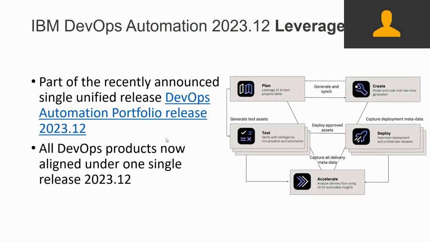The other one is the creation of assets, so it can be model or code. Third one is the test. That is the purpose of our presentation. And after those assets have been tested, they can be deployed using DevOps Deploy.